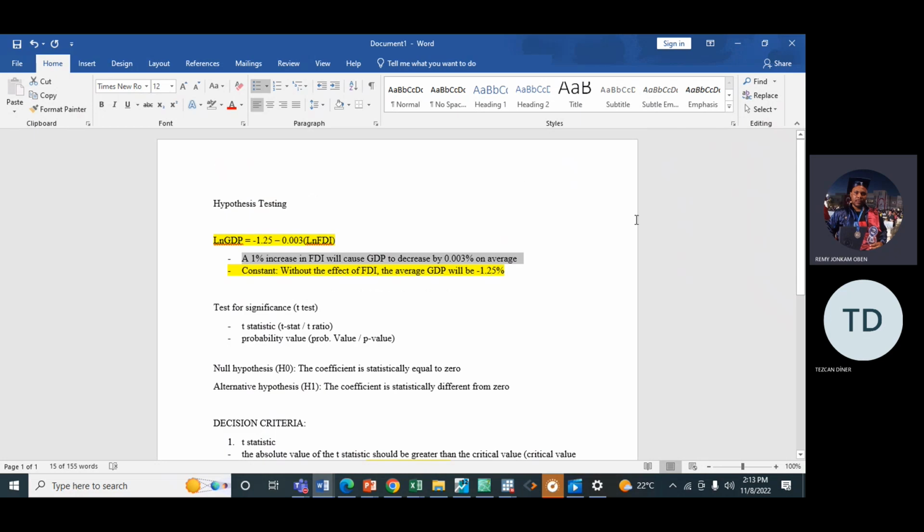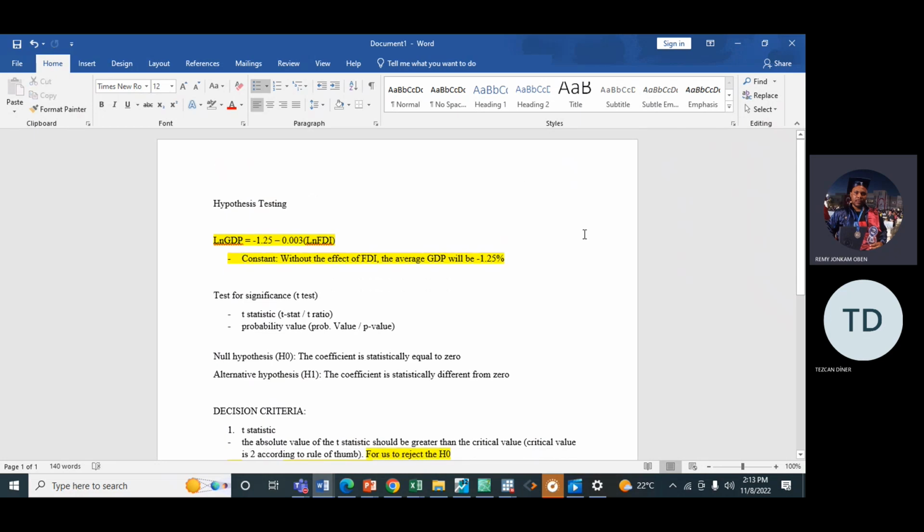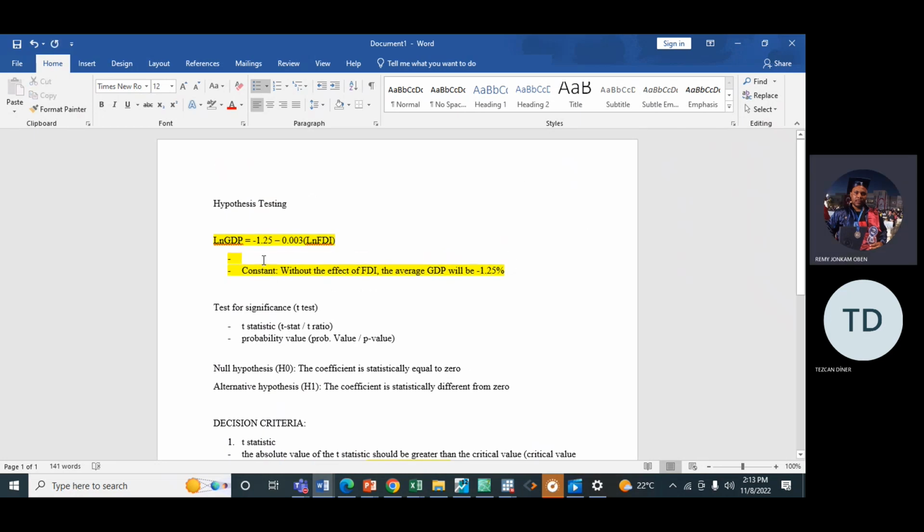So instead of doing the interpretation, what you write here is that lean FDI has no statistically significant impact on lean GDP. Simple.